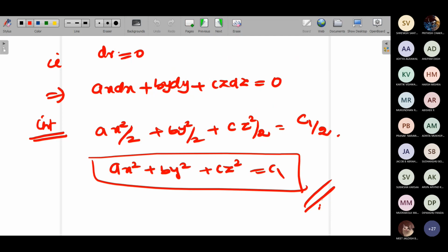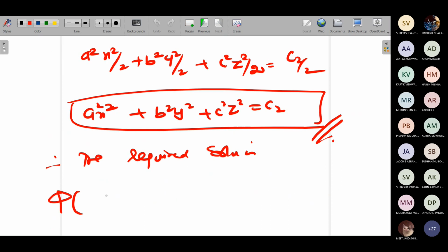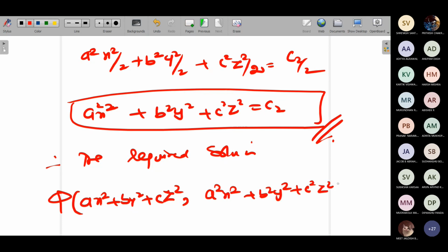What was your c1? It was ax square plus by square plus cz square, comma, the other term was a square x square plus b square y square plus c square z square is equal to 0.